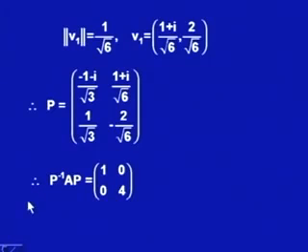The proof has not been given here, and the proof of that theorem can again be left to the readers. So, P inverse AP is a diagonal matrix, and the diagonal elements here are the eigenvalues of the matrix A. They are 1 and 4. So, in this way we say that A is unitarily diagonalizable.